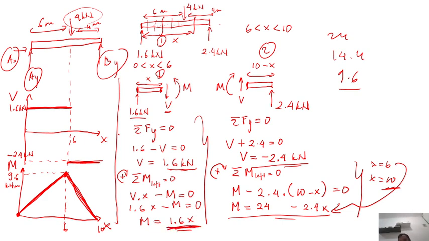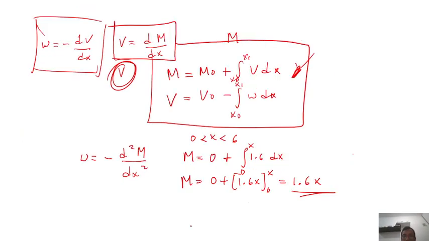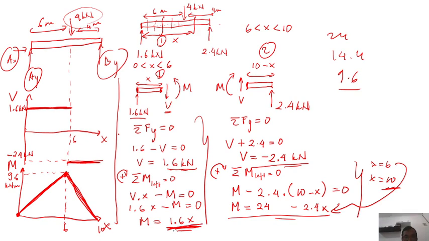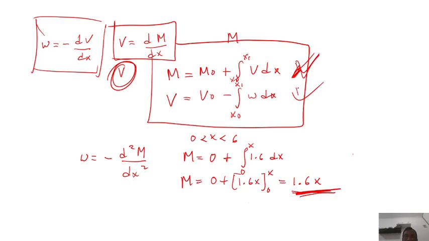So actually, we can use the integration method like what I told you at the beginning, or we can solve it using the cutting method like this. So there are two different methods that I talked about just now. The first one is the cutting method, and the second one is the integration method that I told you at the beginning.